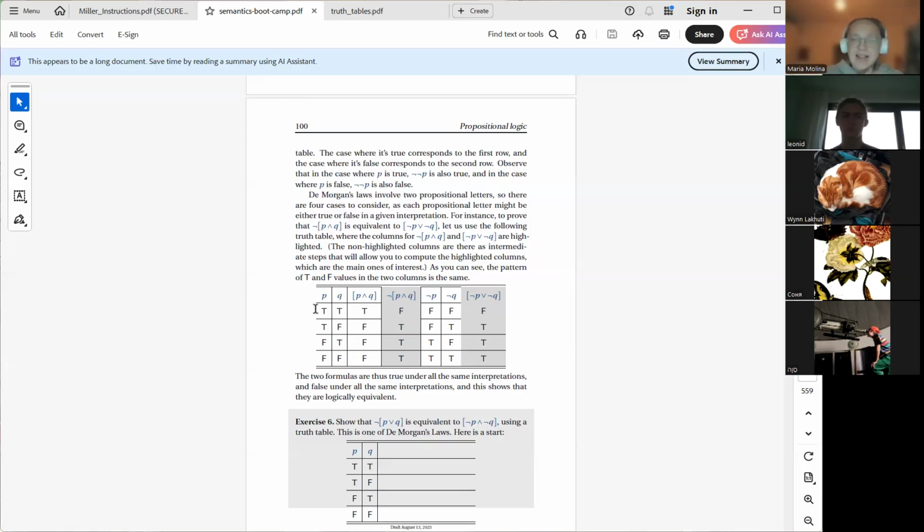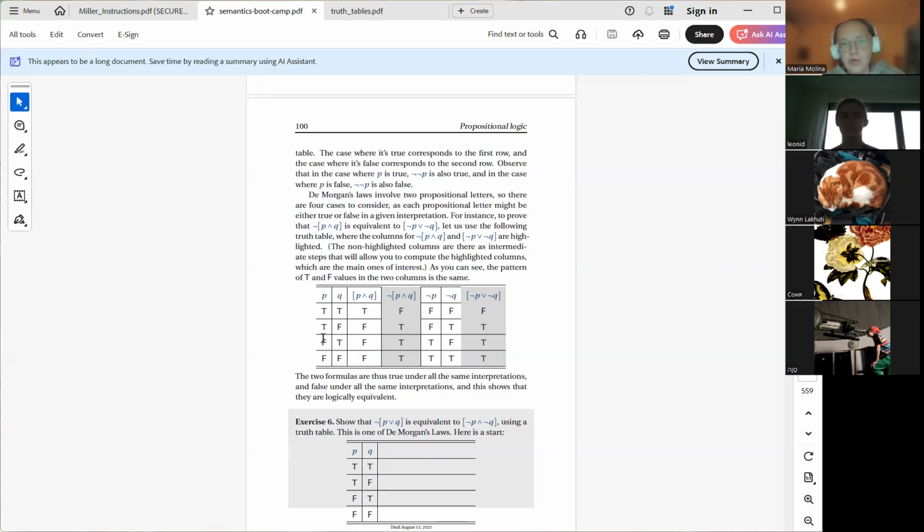Negation of P and Q is false. Negation of P is false. Negation of Q is false. Negation of P or negation of Q is false, right? And so on.